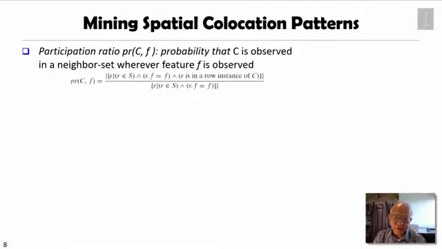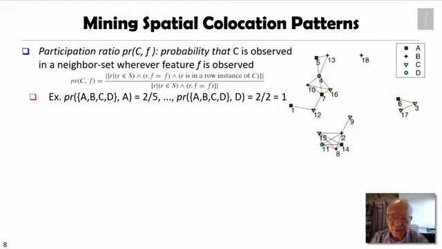Then the interesting thing is, can we find such collocation patterns and rules automatically and efficiently? Let's see how we can derive an efficient algorithm to find them. To find efficient algorithms, we first introduce another concept called participation ratio. That means the feature F is participating in this pattern C. What's the probability?